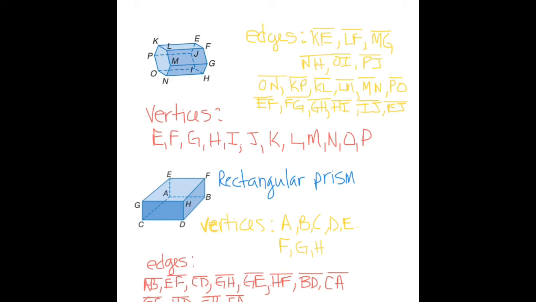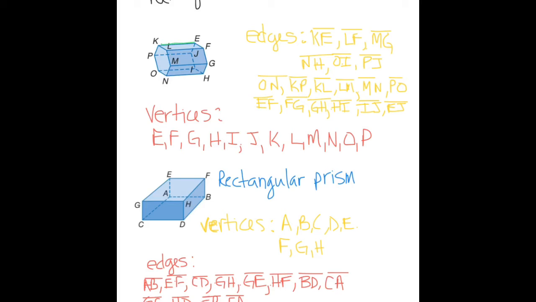All right, so I took those images from the last example, and I just brought them over here because I want to make sure that you understand how to name the edges. So this is the hexagonal prism, right? When we talk about naming the edges, you remember that the edges are just the straight lines. These are actually line segments.